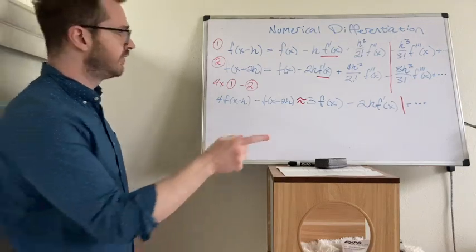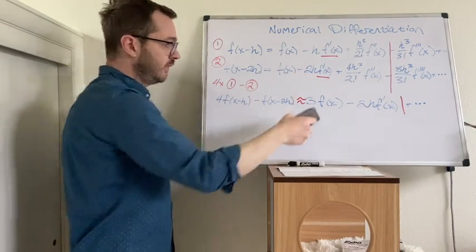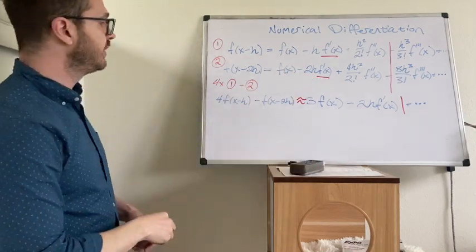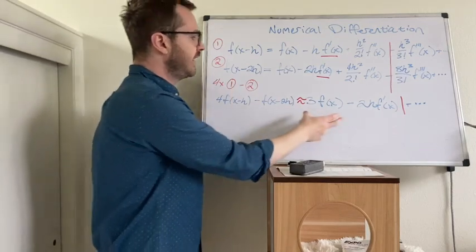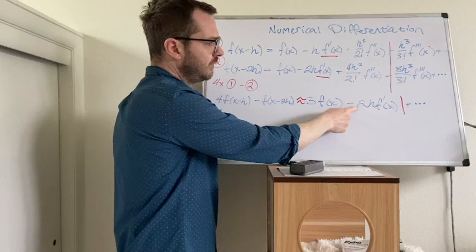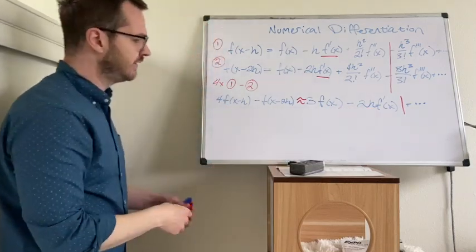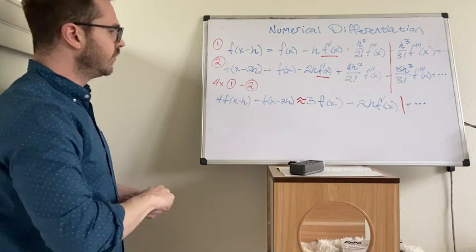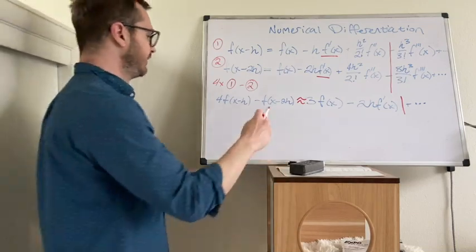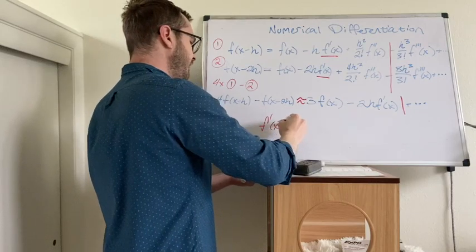Okay, remember the goal. The goal is to isolate f prime. Well, we can use this now to isolate f prime. We could take the 3 f of x, move it to the other side, recognize there's going to be a negative 2h on the f prime, and then we divide by the negative 2h. When you do all of that, here's what you get. We're solving for f prime of x.